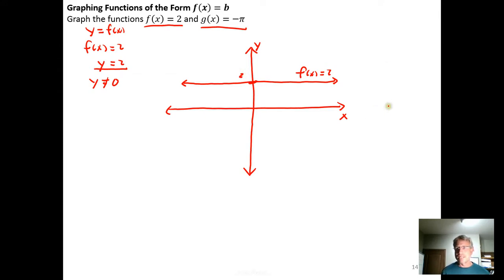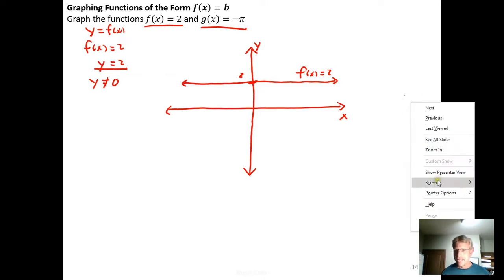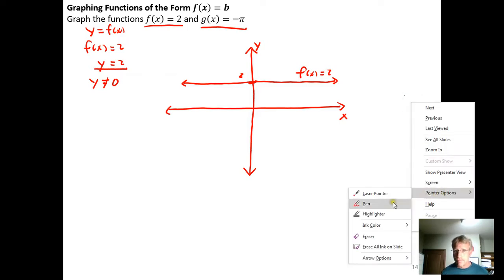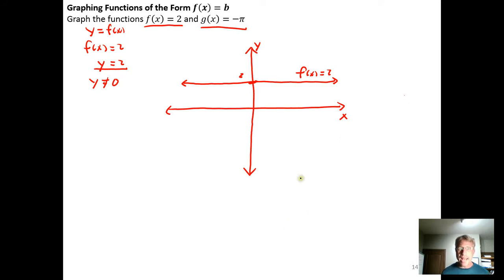It might even make sense to have things in a different color. Let's see if I can get at my ink color. Maybe switch over to black. So I put my tick mark here in black so it's easier to see. So that would be at a height of 2 above the x-axis. So the moment I do that, I've established a scale.